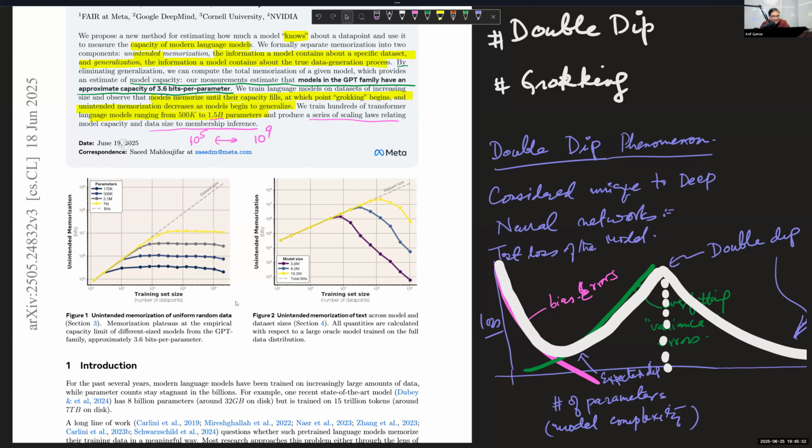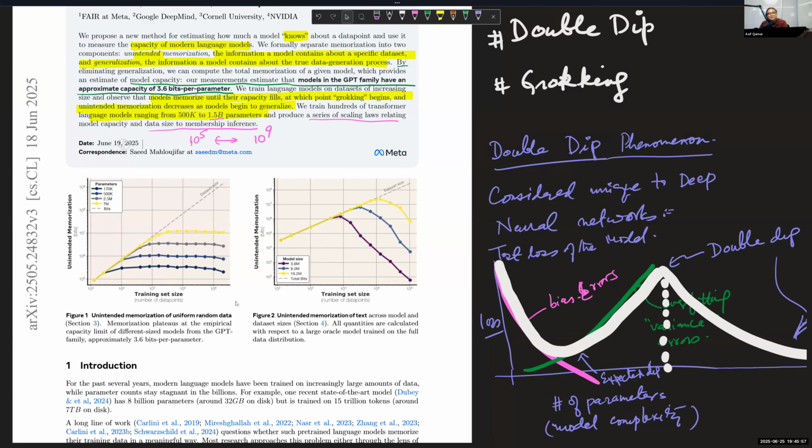The first figure says unintended memorization of uniform random data. So random data is you just give it a random sequence of words, right? If it is a random sequence of words, you realize that there is no way that the machine can generalize. If it can reproduce a word salad, right?